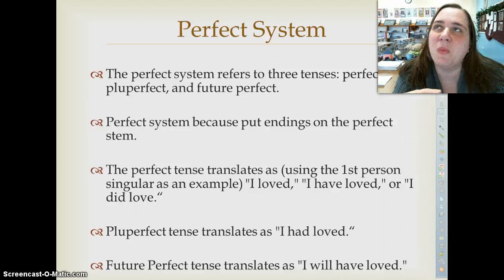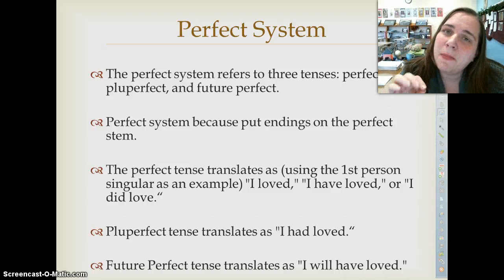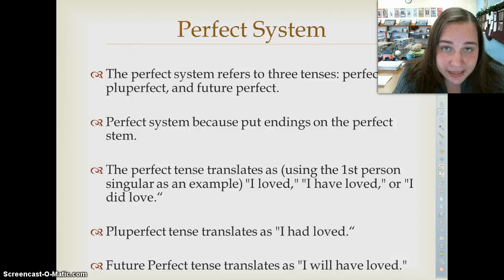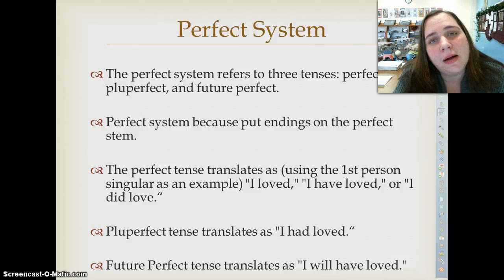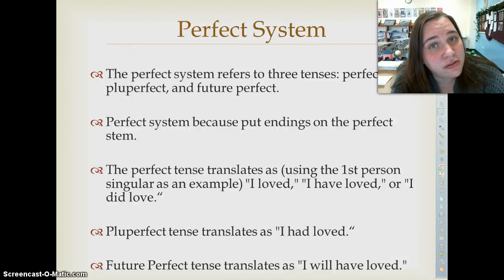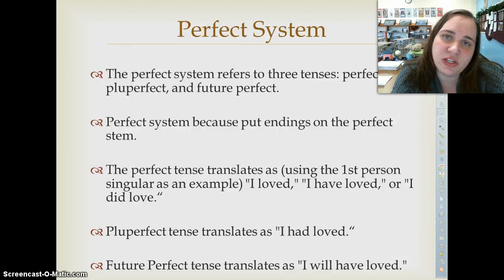Okay? What does perfect mean? Perfect means completed. Okay, so these are tenses that show us completed action, as opposed to, for example, the imperfect, which is incomplete past action.